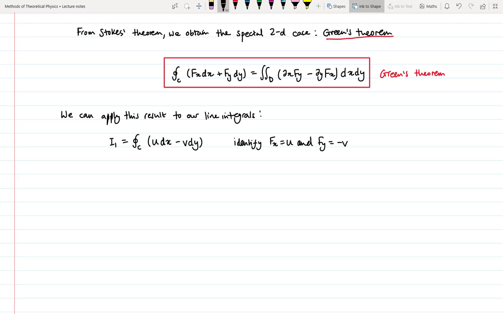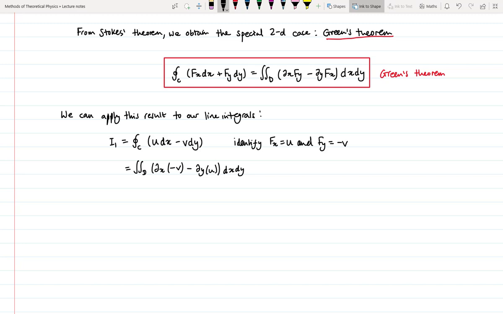That means that through Green's theorem, the right-hand side will now read the integral over the region D of the partial derivative with respect to x of fy, which is minus v, minus the partial derivative with respect to y of fx, which is u, dx dy.